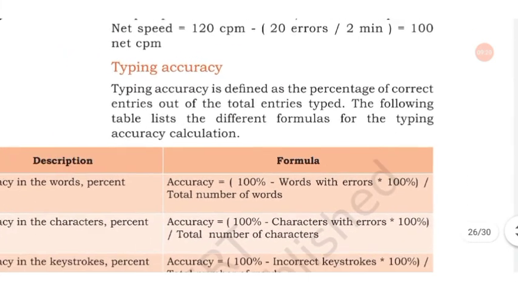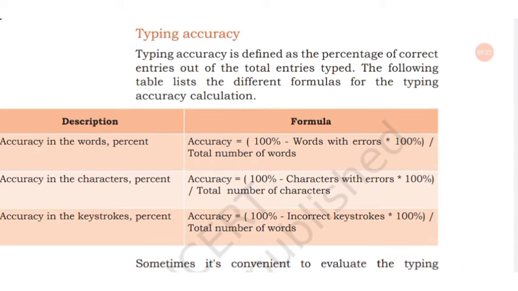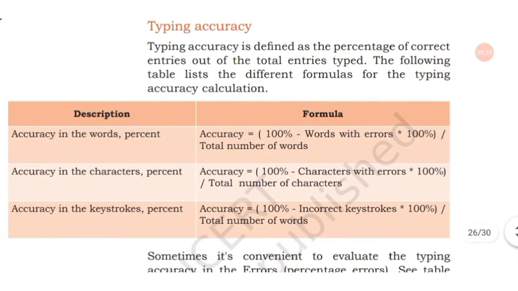Then typing accuracy. Typing accuracy is defined as the percentage of correct entries out of the total entries typed. The following table lists the different formulas for typing accuracy calculation.